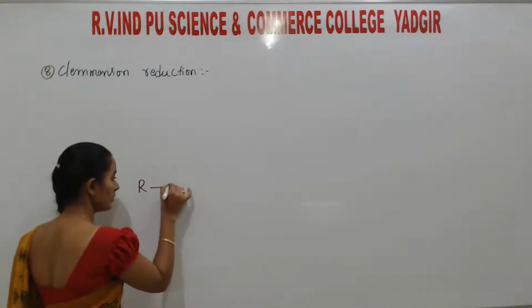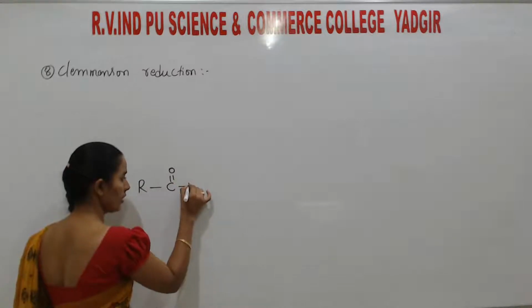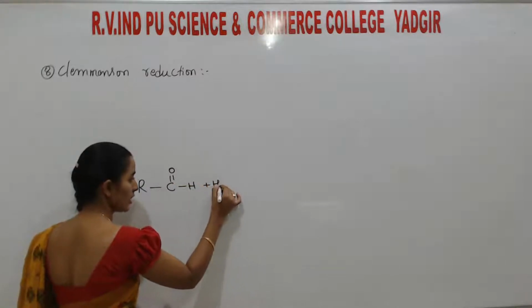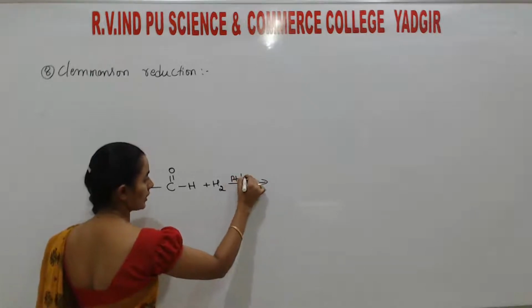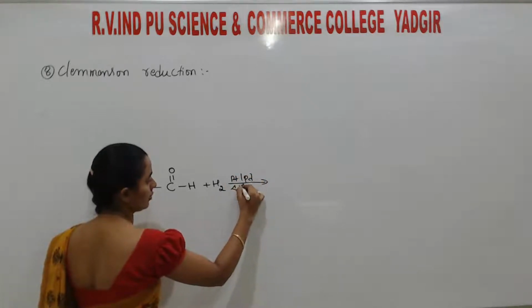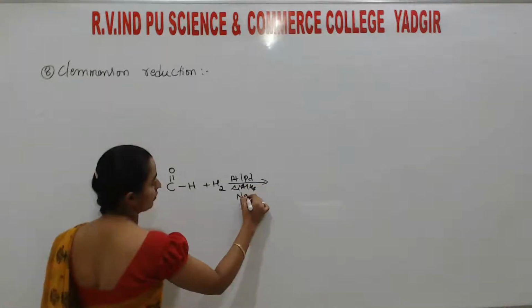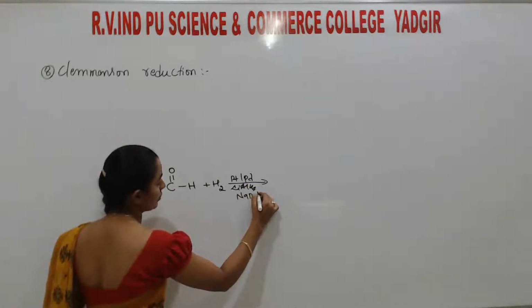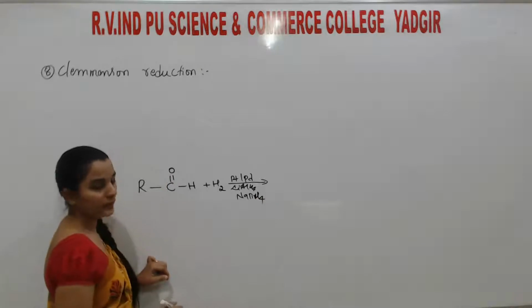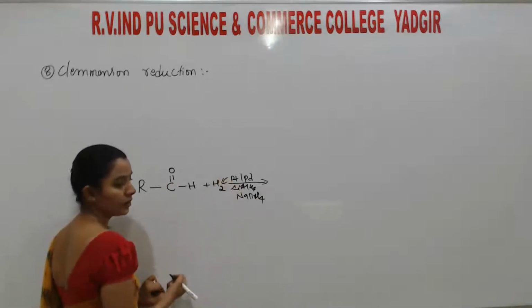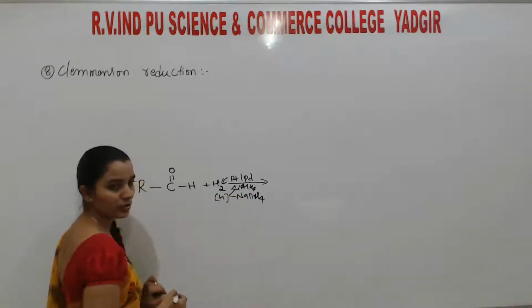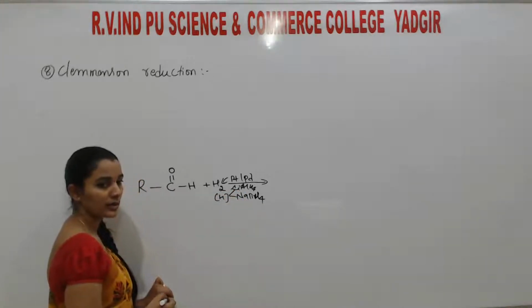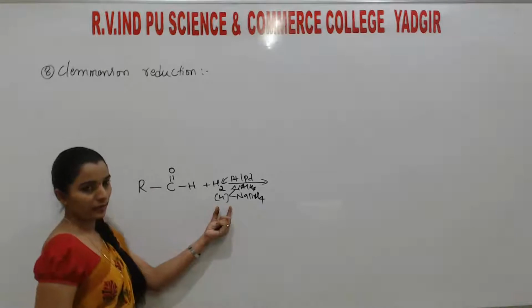This is R, C double bond O, H, to which H2 is added, in presence of, as I told you, platinum or palladium or lithium aluminium hydride or sodium borohydride, anything you may take. If platinum and palladium, we should take hydrogen as H2.